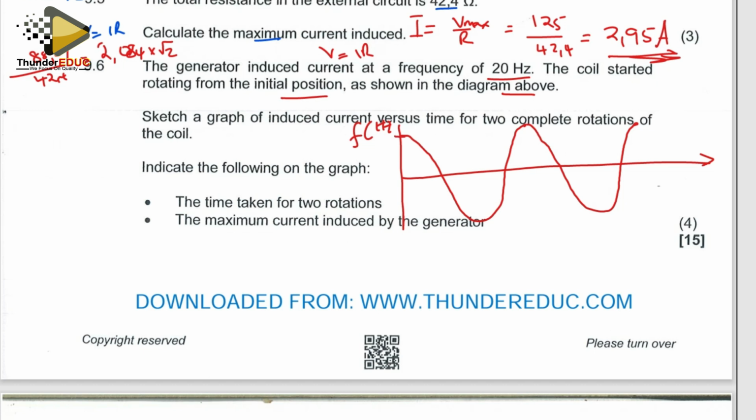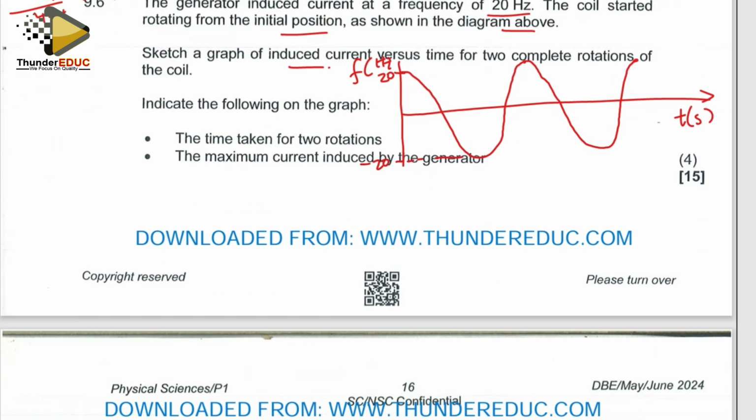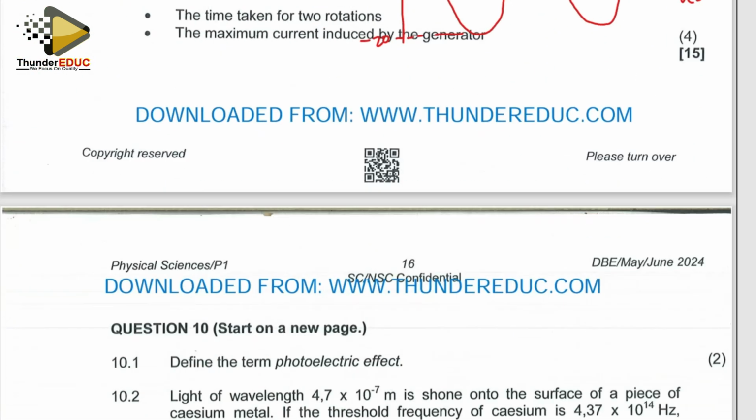This is going to be 20, and down here I'll have a negative 20. This is time in seconds, because they said they want induced current. All right, that is question number 9.